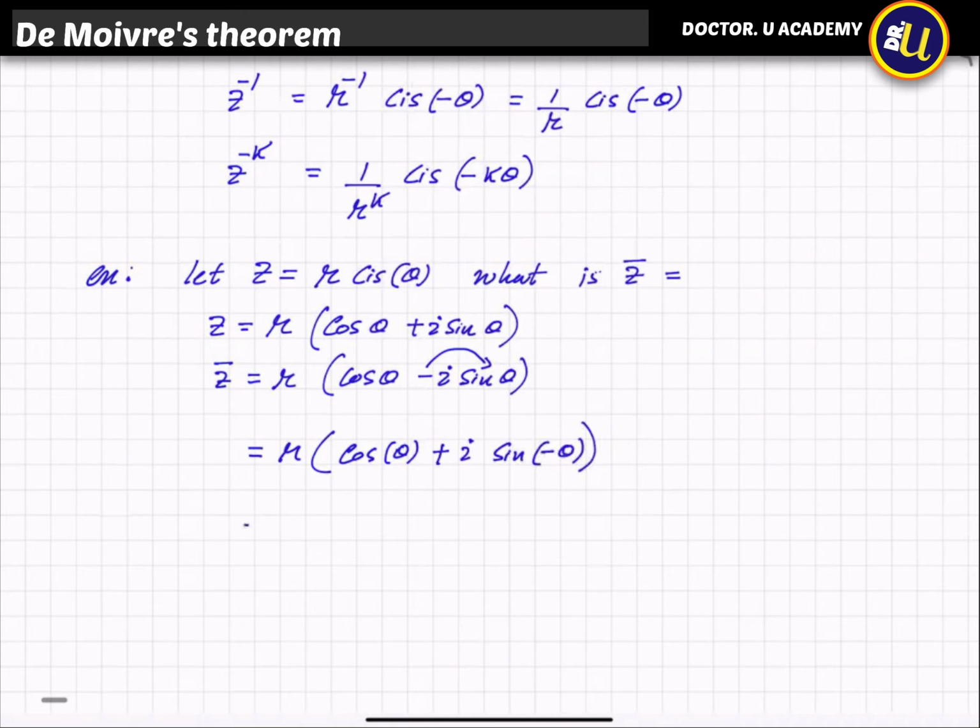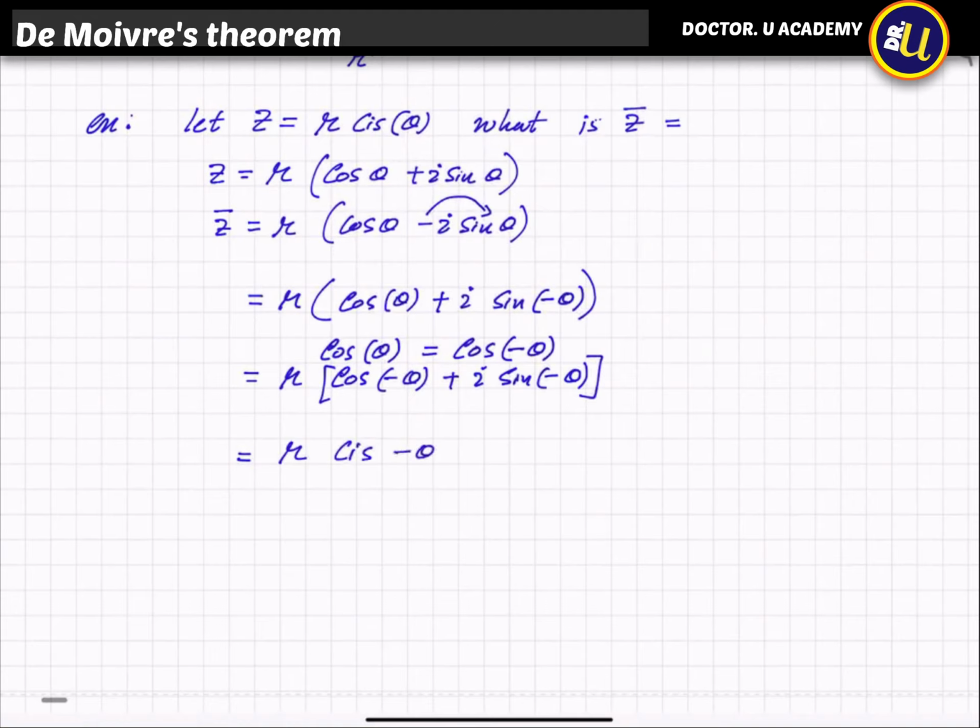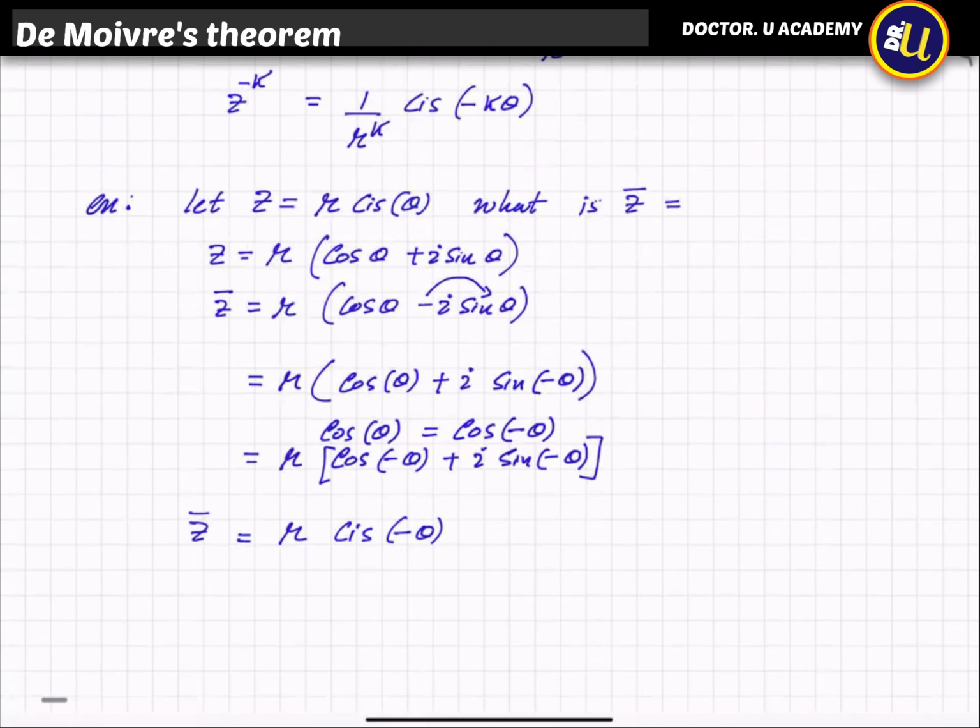Now we know that cos theta is equal to cos minus theta. Why? Because cos is an even function, so I can say r (cos minus theta plus i sin minus theta). Then I can say this is nothing but r cis minus theta. So z bar, the conjugate, would be r cis minus theta.